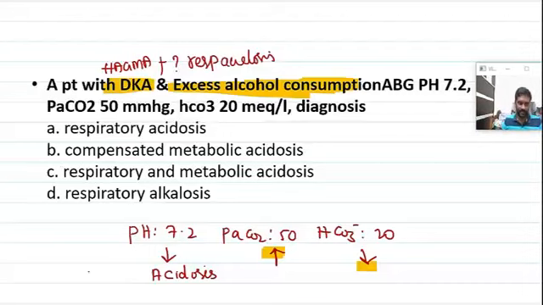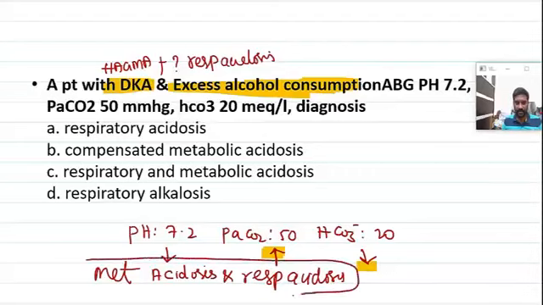It can be written as metabolic acidosis and respiratory acidosis. You can write it in any way, either respiratory acidosis and metabolic acidosis or metabolic acidosis and respiratory acidosis. So this is a mixed acid-base disorder.